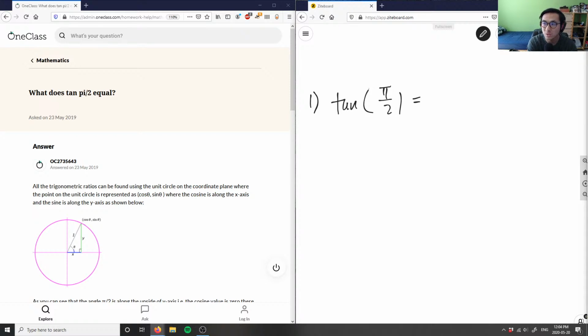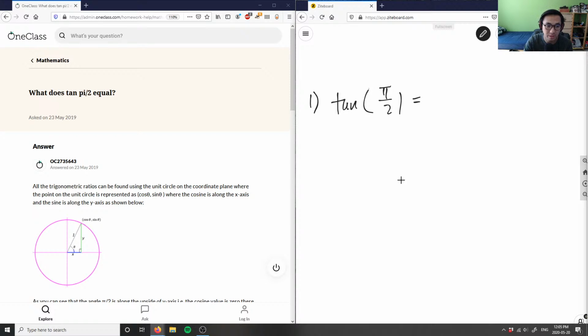You can use the unit circle, like what they did in this solution, or you can use special triangles, because pi over 2 is indeed 90 degrees.